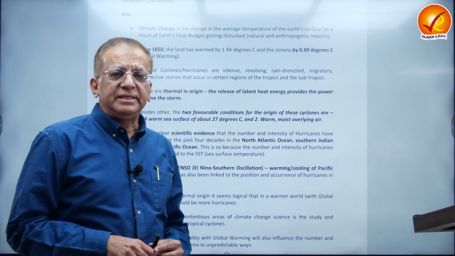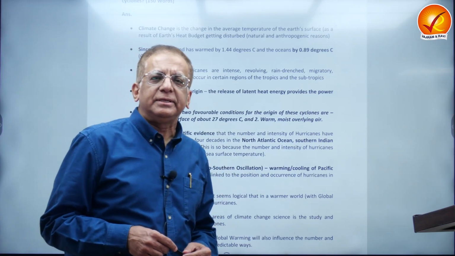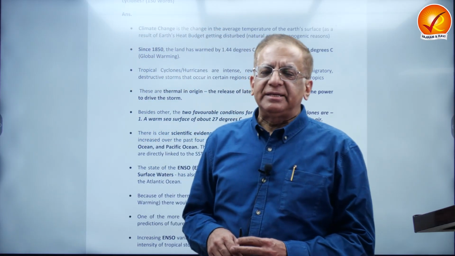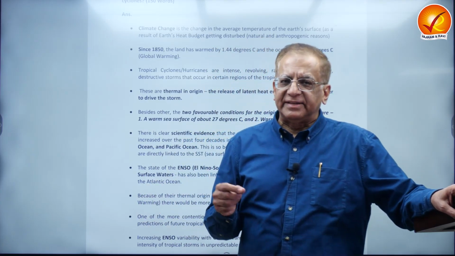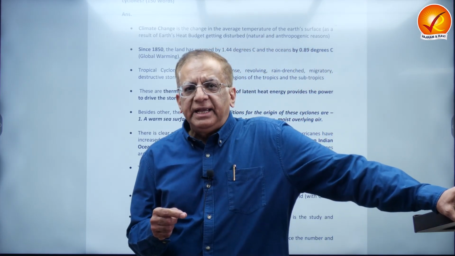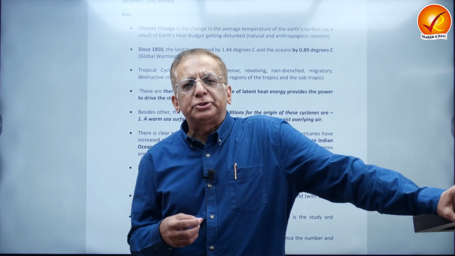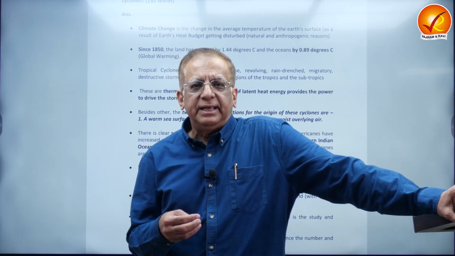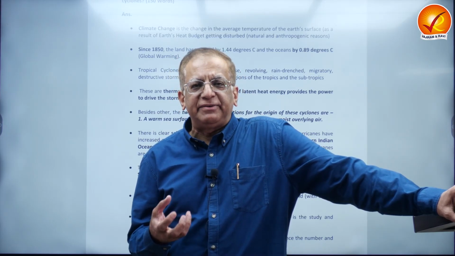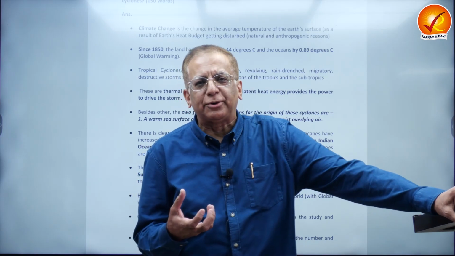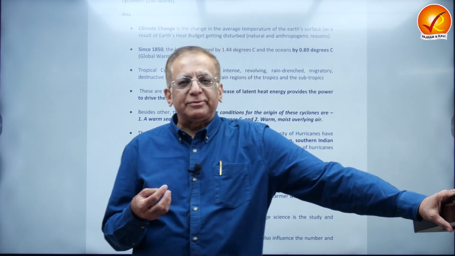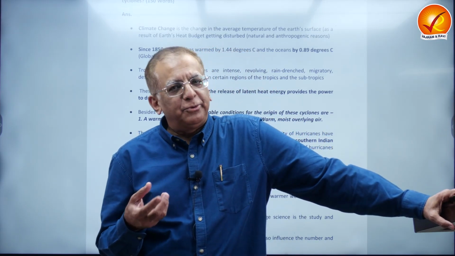By this we mean they need enormous amounts of energy for their formation and persistence in nature for 6-7 days on an average. And this energy they get through latent heat, and the latent heat comes from the vapor, and most of the vapor, if not all, for the atmospheric circulations comes from the ocean.